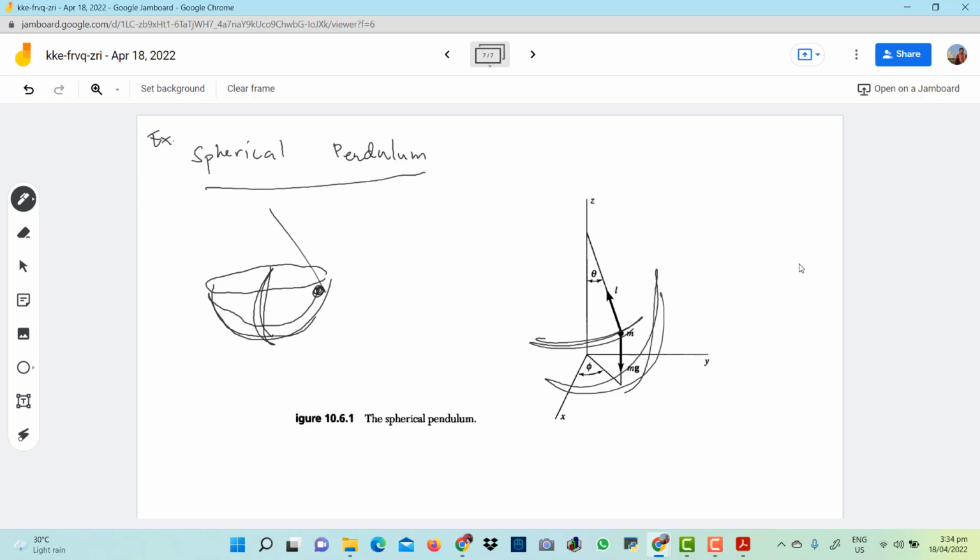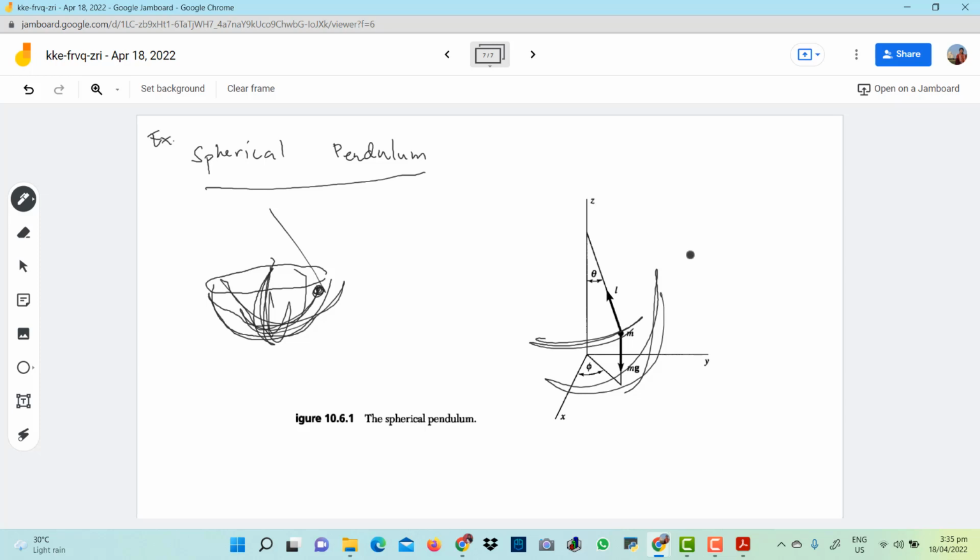So like that, the motion is three-dimensional, but there is this force of constraint. Originally I have 3 degrees of freedom, but since I have one equation of constraint, it is reduced to two generalized coordinates.